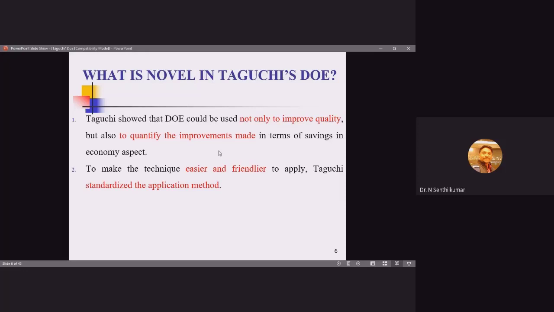And one more important thing is, this technique is very, very simple and friendly because he has standardized the entire DOE and analysis. Taguchi has standardized the entire concept. That's why it is very, very simple and easier. You can also solve this using an Excel sheet.